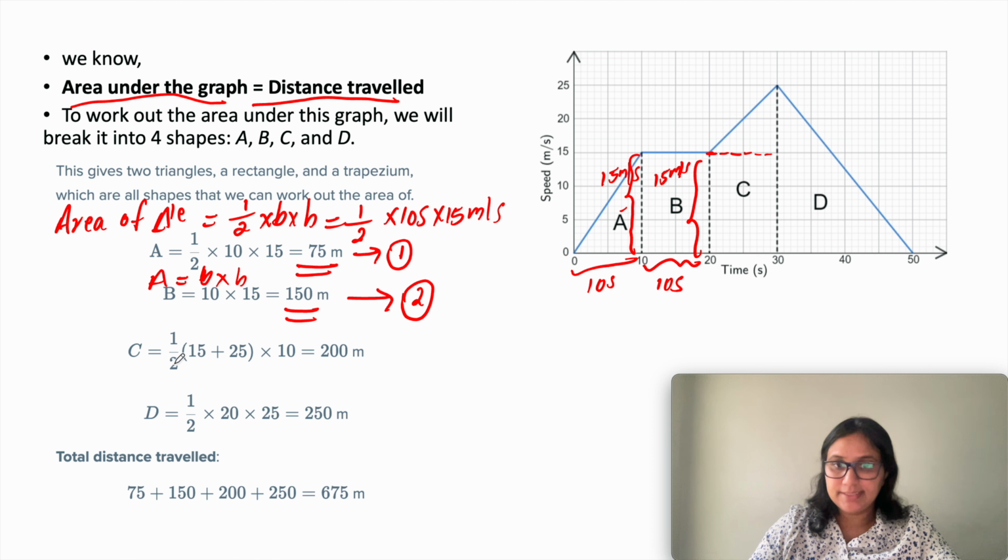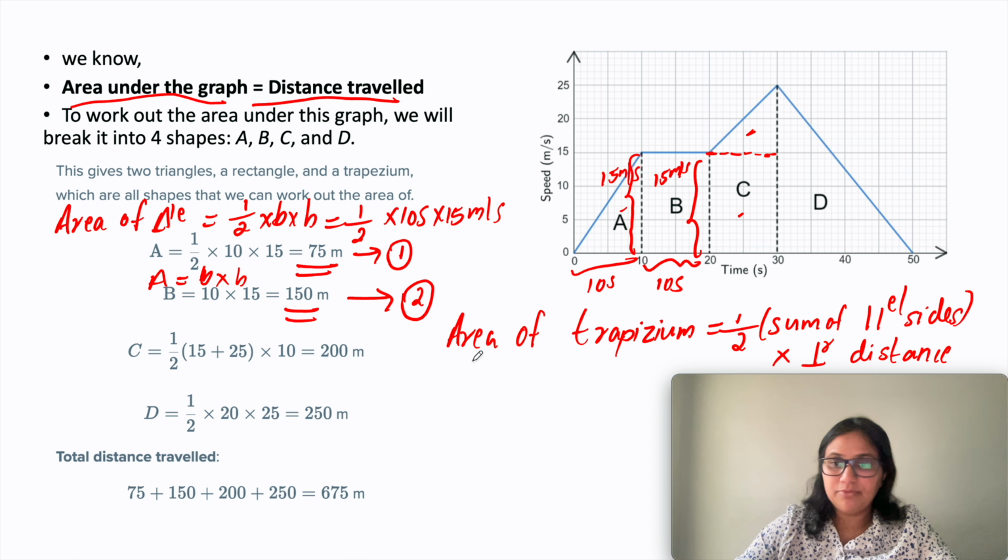And section C is not in the form of a triangle or a rectangle. So it is in the form of a trapezium, or you can calculate the triangle and the rectangle separately and then add these two. We know the formula for calculating a trapezium: area of trapezium is half into sum of parallel sides into perpendicular distance. So what is the sum of parallel sides here?